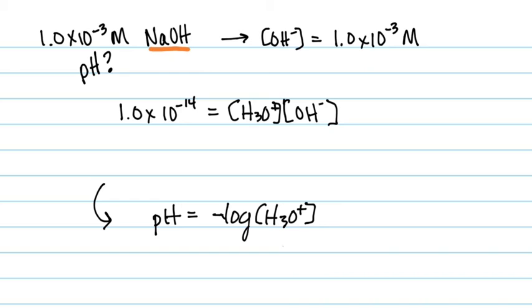So those are the 2 equations I'm going to choose to answer this. You could have also went with this information for pOH equals negative log of hydroxide ion concentration.